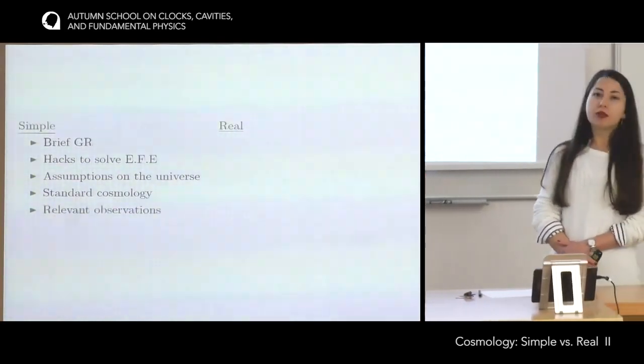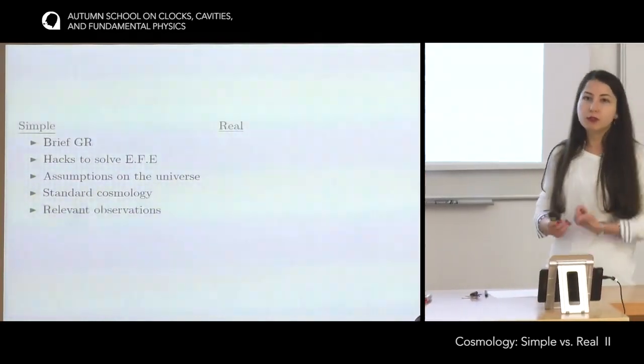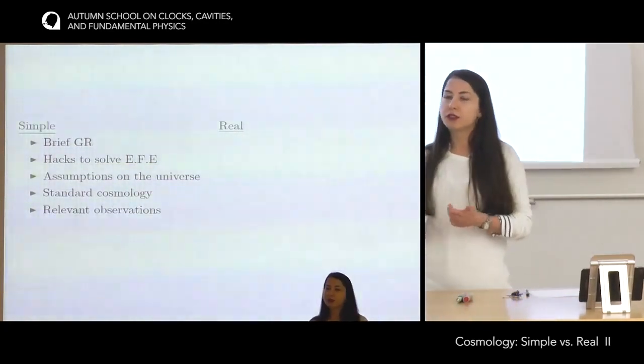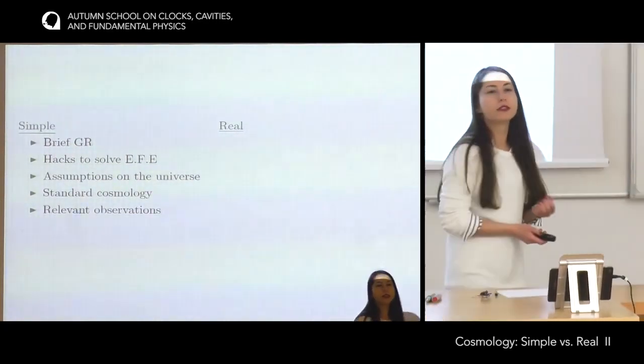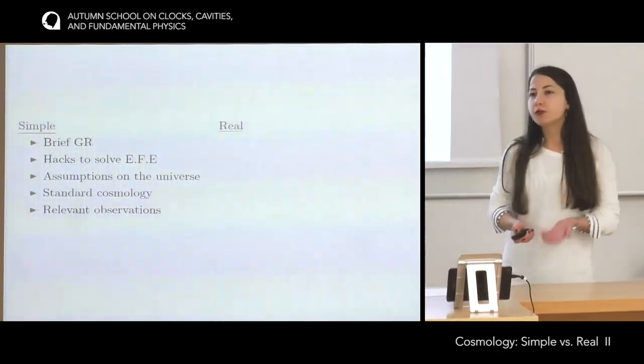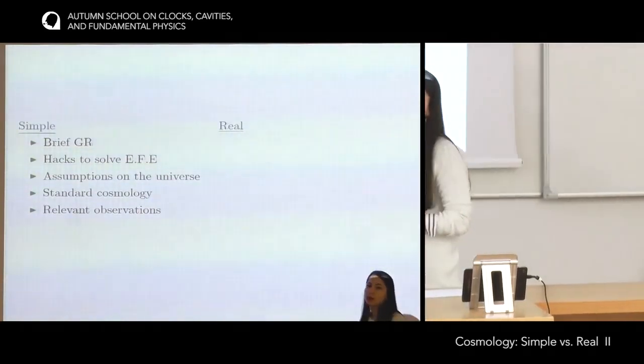And I talked about the relevant observations. Those were the supernova observations, where we measured the luminosities of the supernovae, which are really good standard candles, versus the redshifts. And that's how we interpreted that the universe is accelerating.